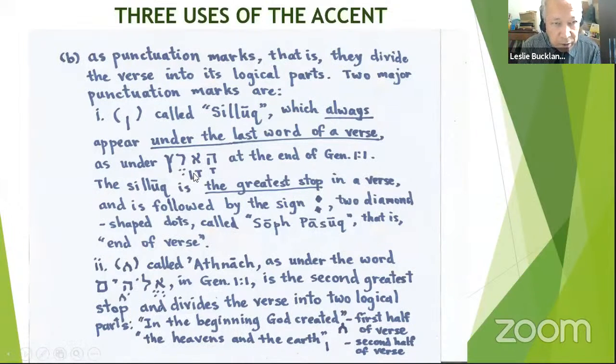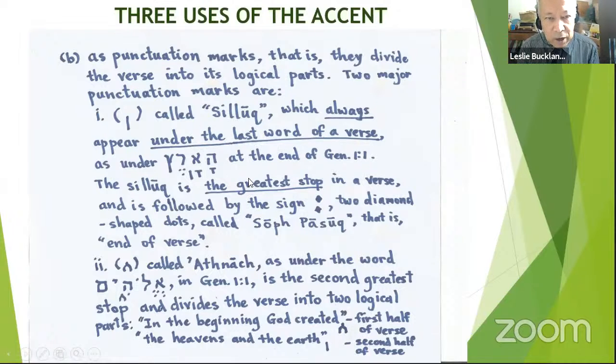If you compare it to English, I think it would be more accurate to say it is comparable to our full stop or period, because the full stop in English is the greatest stop. Notice also that it comes at the end of the verse. This is the last word, and this accent mark is always under the last word of a verse.